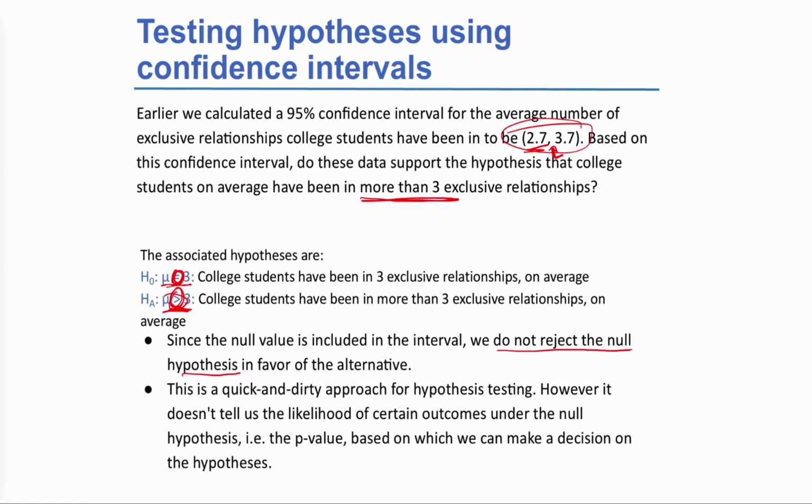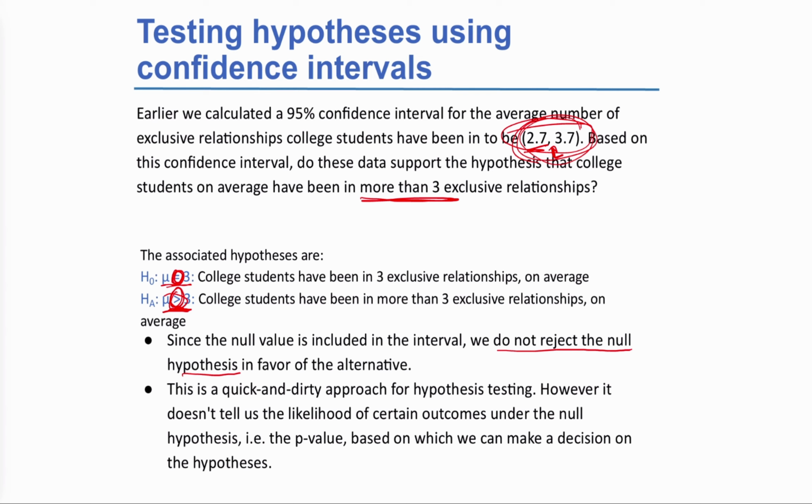This is the quick and dirty approach for hypothesis testing. It doesn't tell us the likelihood of certain outcomes under the null hypothesis, right? How unlikely or how likely is it for us to get an interval like this if the average really is 3?